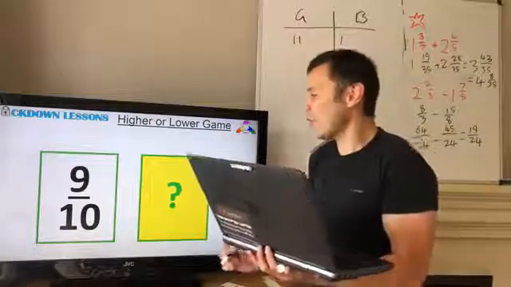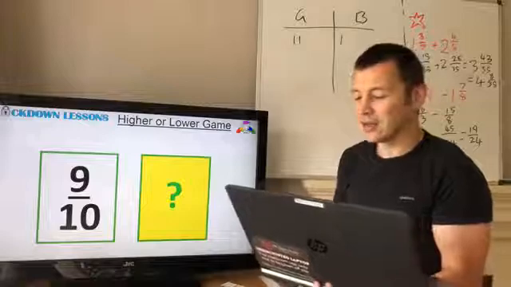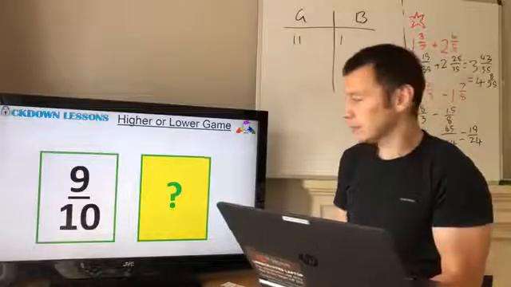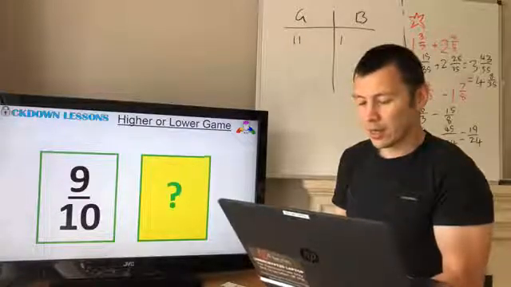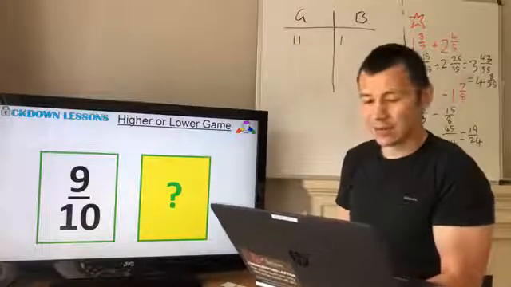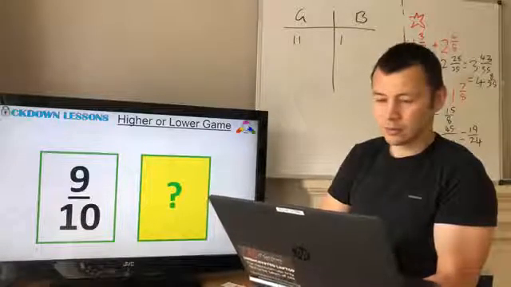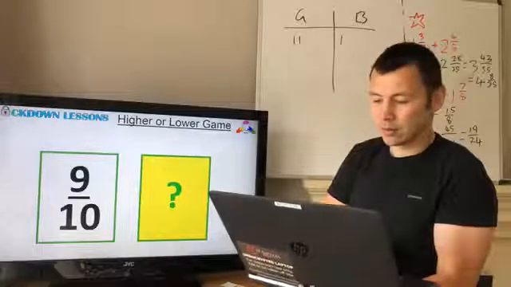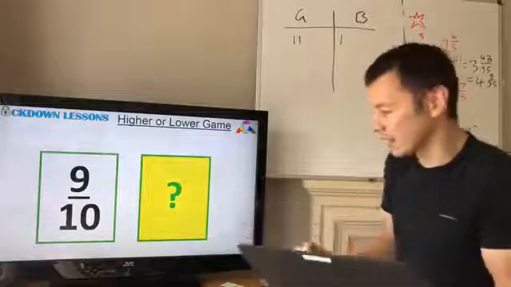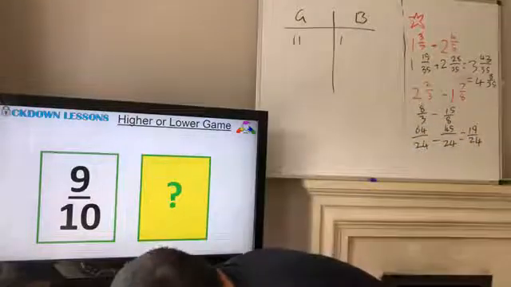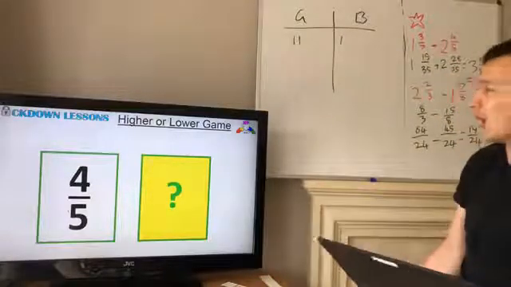Boys, higher or lower than 9/10? What are we going for? Okay, we're going lower than 9/10. 4/5. Is 4/5 lower than 9/10?